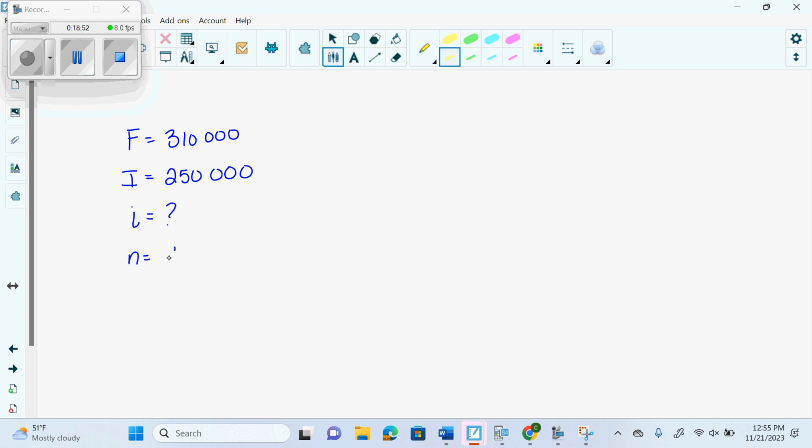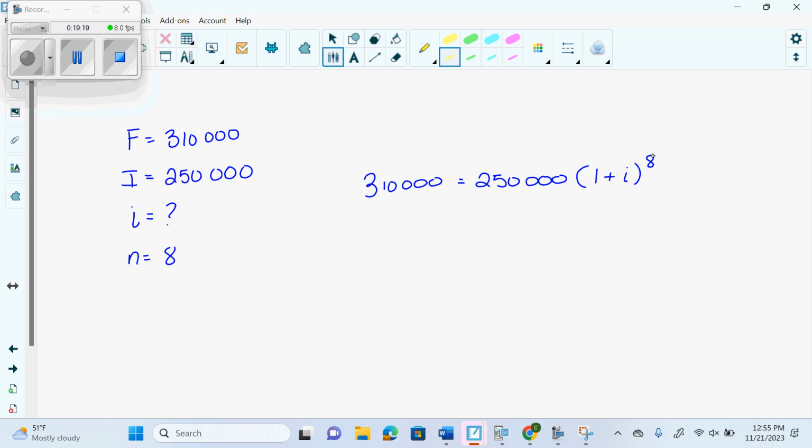N is 8. So now we have 310,000 equals 250,000 times (1 plus I) to the N. Is the exponent where the variable is? No. If the exponent doesn't have the variable, I'm not converting to a log. I can just solve it like normal. The only reason we had to learn logs is when we had a variable in the exponent, which I do not have.